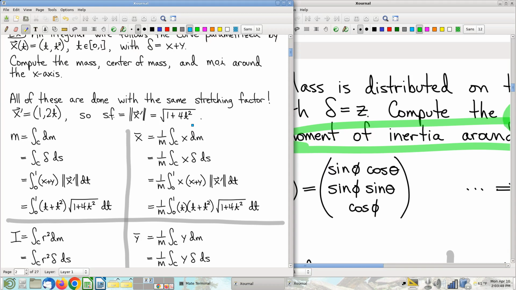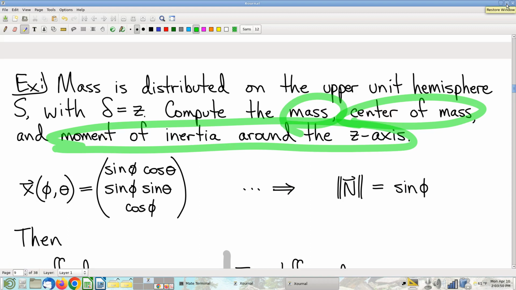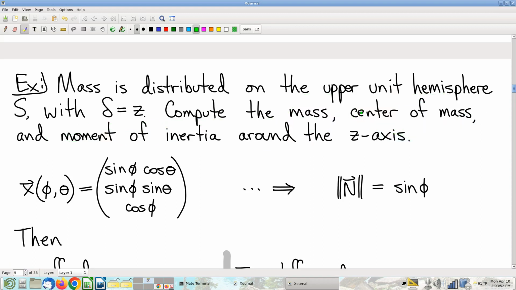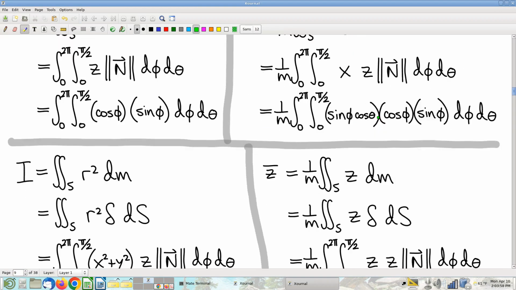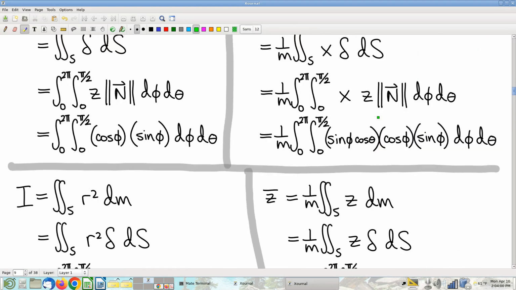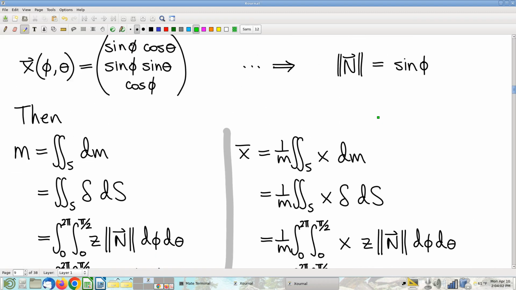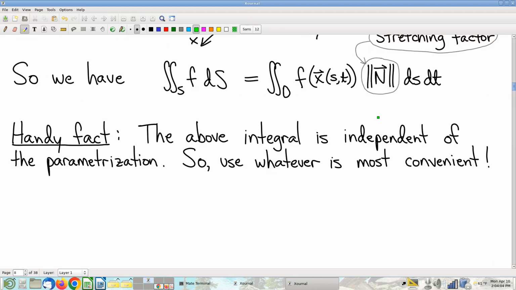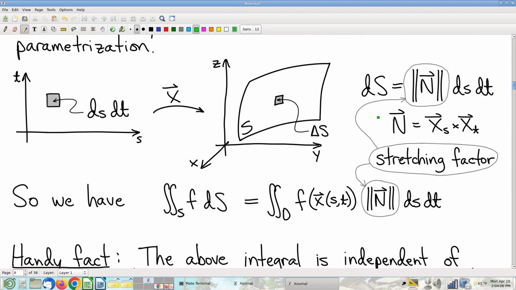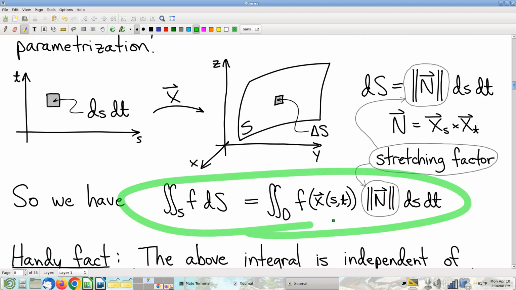So likewise here with this question where I've got several different things that I want to compute, I'm going to do basically parallel calculations because they're all morally the same calculation, really. Okay, they're all going to follow this formula here, for which you notice we need to know the stretching factor. So let's go ahead and get that stretching factor computed.